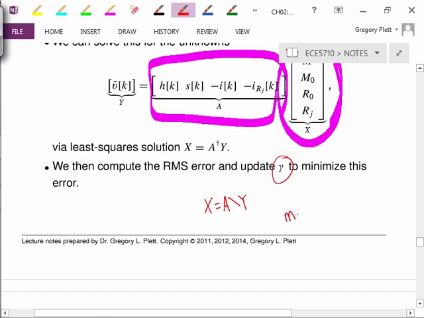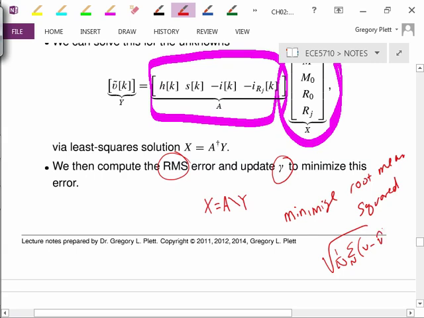I want to minimize the root mean squared error between what the model predicts and what I actually measured. That's RMS, root mean squared. It's the square root of 1 over n times the sum over all of the i's of v minus v estimate squared. That is a good metric to use in order to do our optimization.